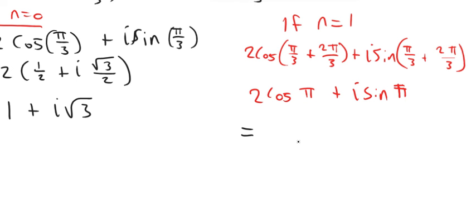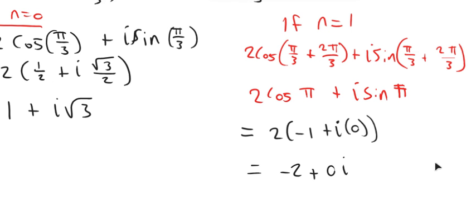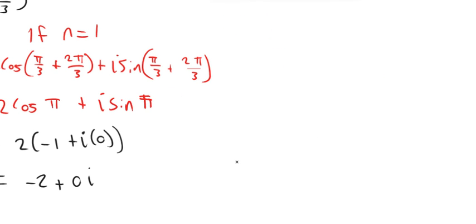But we should get 2 times minus 1 plus I times 0. So that then is minus 2 plus 0i. Third answer then, if n is 2.